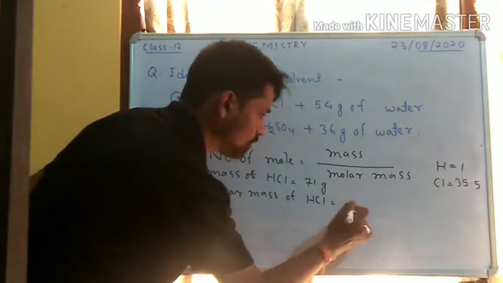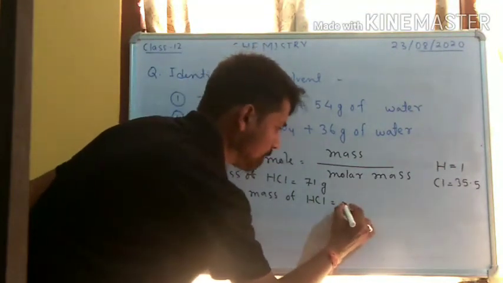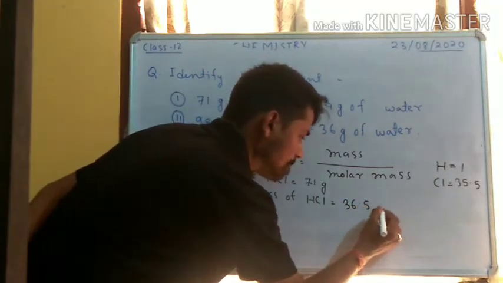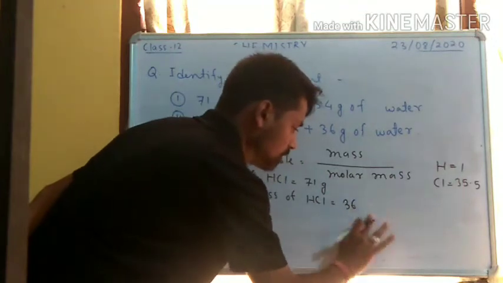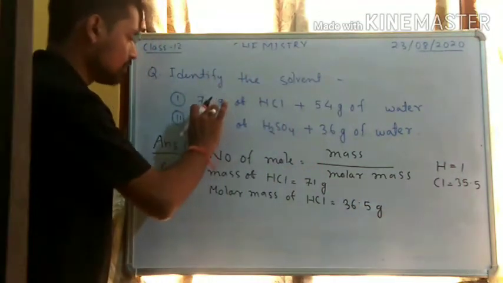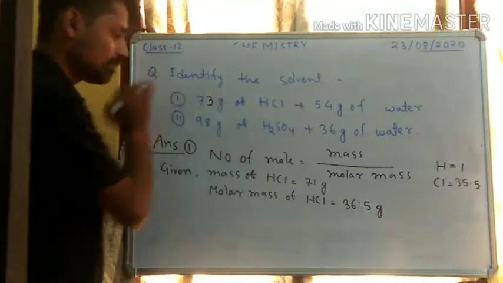So the molar mass of HCl is 36.5 gram. Let us make it 73, then the calculation will be easier for you.